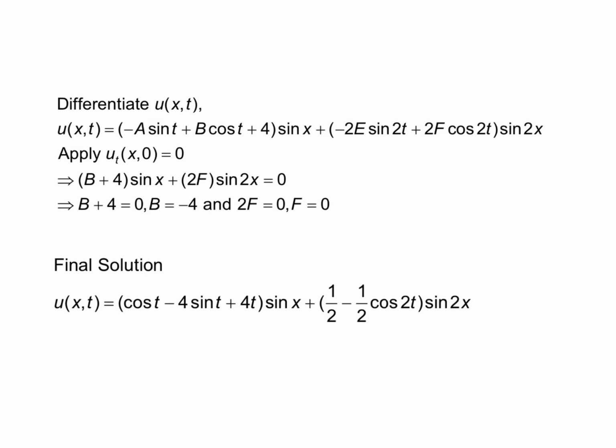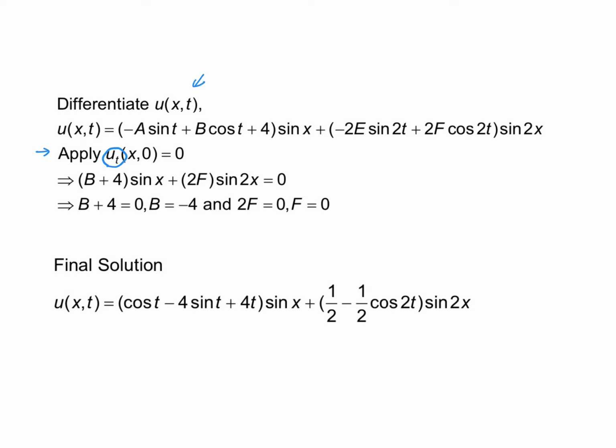Since this is the wave equation, we have another initial condition, which is u_t at 0 is equal to 0. But we cannot apply it directly into u(x,t) because this initial condition is applicable for u_t, which means that we need to differentiate the general solution u(x,t).